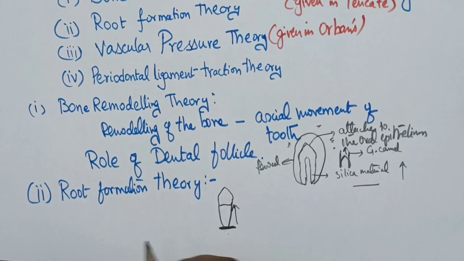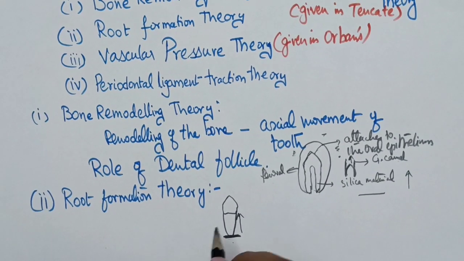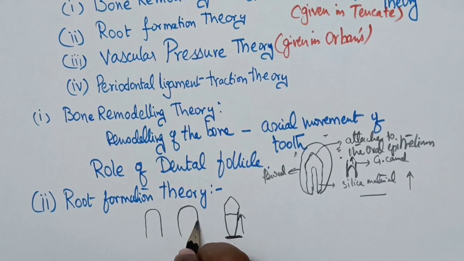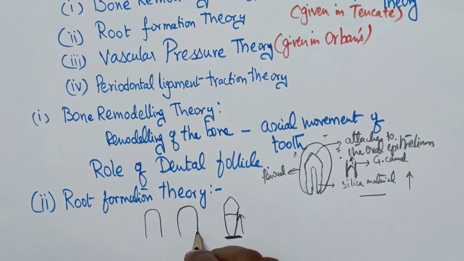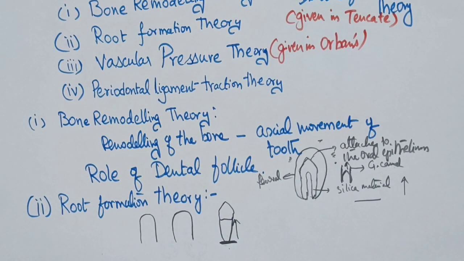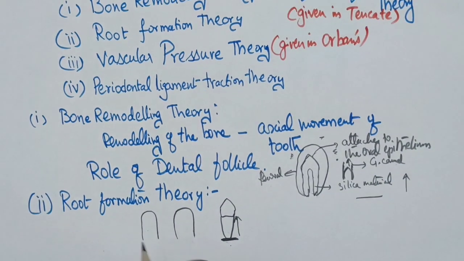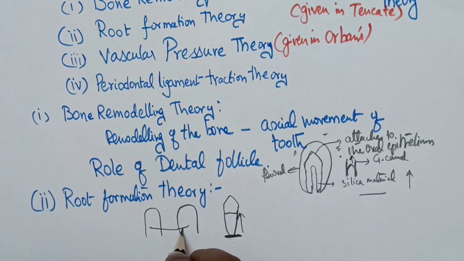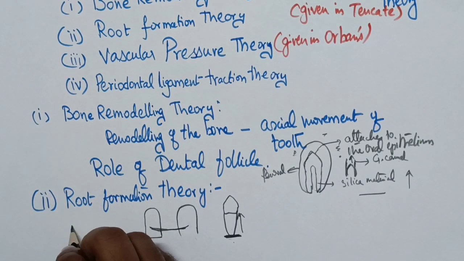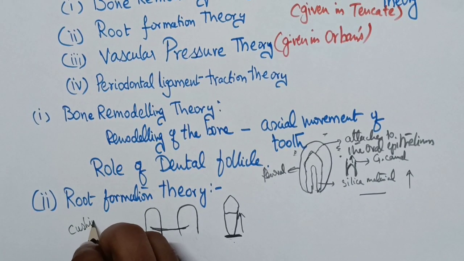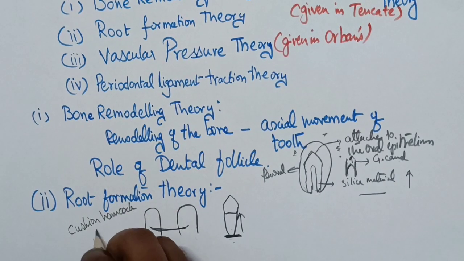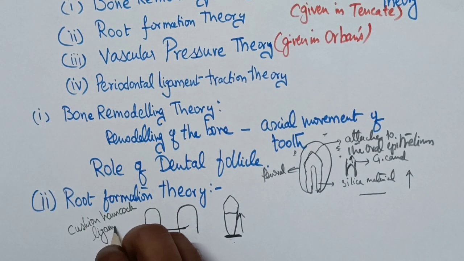However, they also explained there is a presence of, assume these are two bony structures, and a fiber ligament is present. This ligament is called Cushion Hammock ligament.